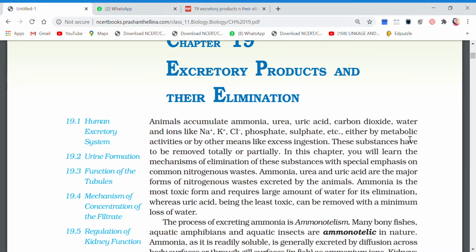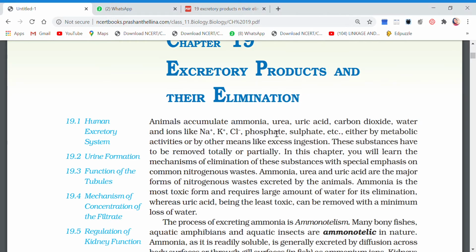These are the chemical reactions that are taking place inside our body. Because of those chemical reactions, these things get collected inside the body, or they also get collected by excess ingestion.